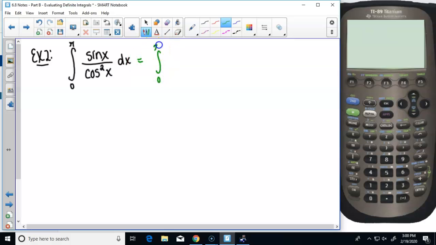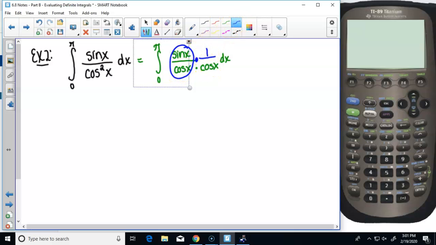The integral from 0 to pi of sine x over cosine x times cosine x dx. What is sine x over cosine x? It's tangent. And then I could make the other factor 1 over cosine x, because if I multiply those back together, I'd get sine x over cosine squared x.